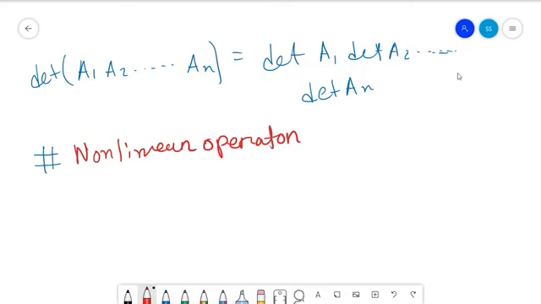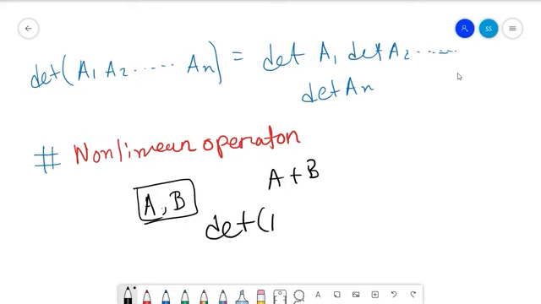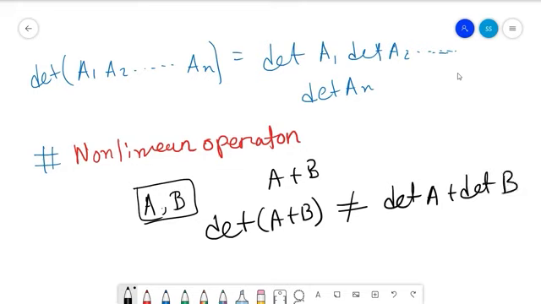What do we mean by a non-linear operator? Let's say you have a matrix called A and another matrix called B, and you have A plus B, another matrix, right? Now determinant of A plus B will not be equal to determinant of A plus determinant of B. This is what we mean by non-linear, that is, it is not behaving as a linear operator.